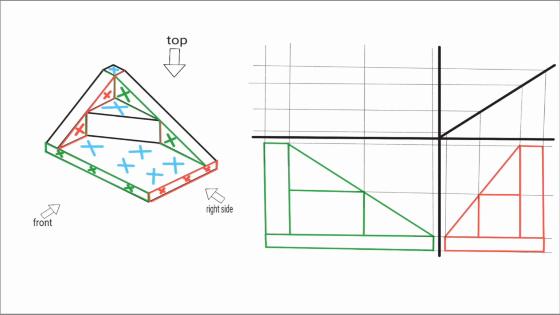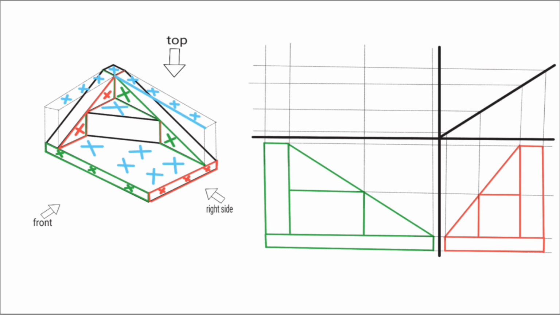Again, we have two inclined planes. The first one appears in the top and side view. The top view of this plane is the area marked in blue. And the second one appears in the top and front view, having the blue marked area in the top.